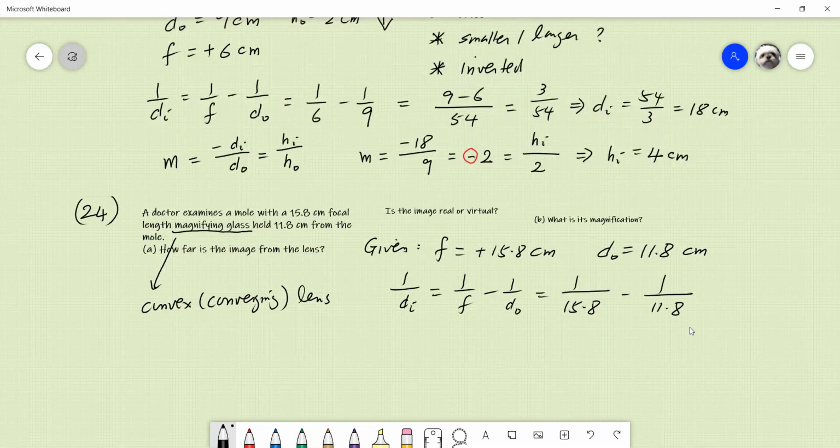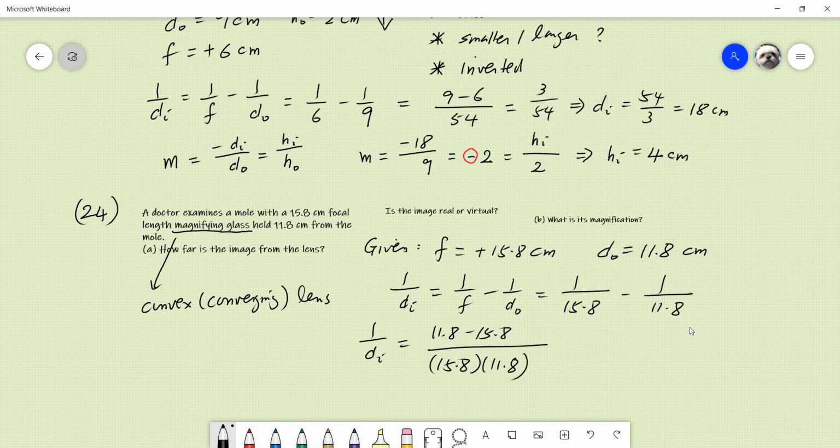That will be 1 over DI. So that will be 11.8 minus 15.8 divided by 15.8 times 11.8, right? Am I right?